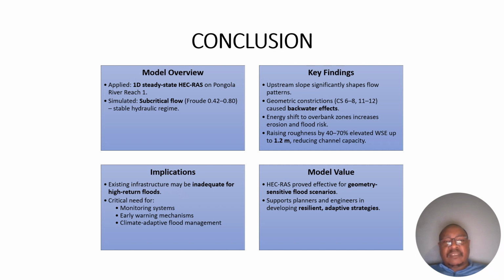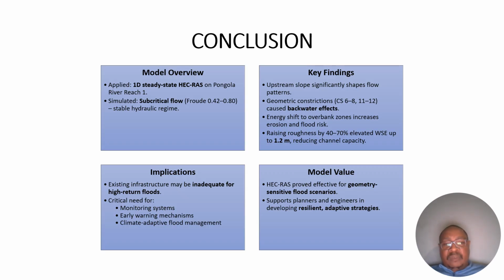In terms of the key findings, on the upstream slope there are significantly shaped flow patterns, and then the geometric constrictions, that is in cross sections 6, 8, 12, and 11. These caused backwater effects. Then the energy shift to the overbank zone increases the erosion and flood, and the rising roughness by 40 to 70% in terms of elevation.